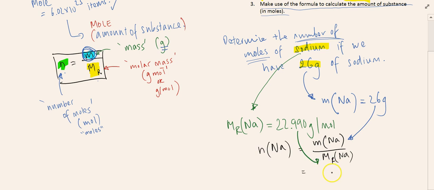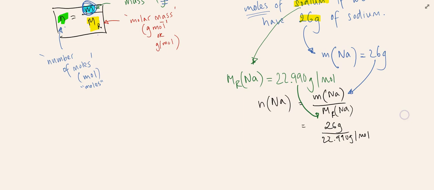And so if we plug those numbers in, 26 grams over 22.990 grams per mole. And if we do this calculation, I'm just going to quickly get my calculator. 26 divided by 22.990 gives us 1.13 moles.